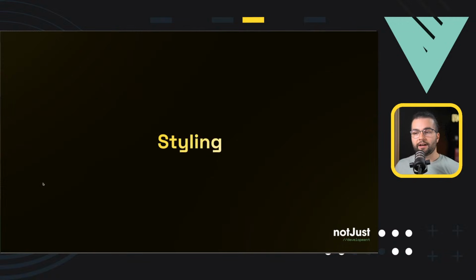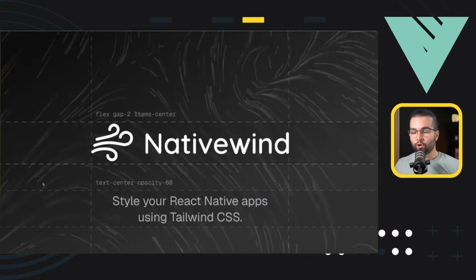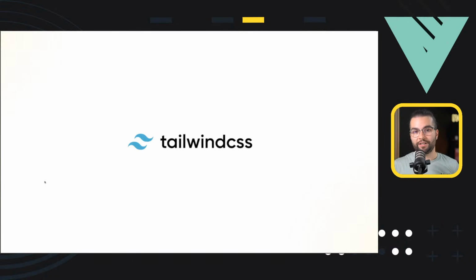Moving on to the styling, because I like my applications to look good. And for the styling, more lately, I started using almost every time NativeWind. NativeWind is the possibility of using Tailwind CSS classes in React Native.